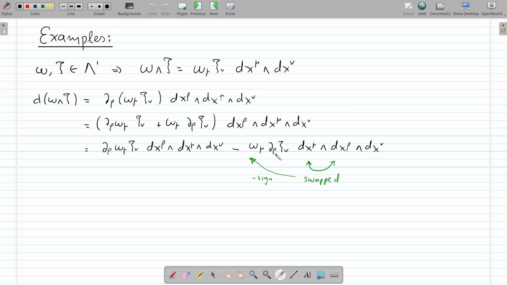So in order to put it in the correct position, we have to swap those two one-forms, and instead of dx rho dx mu, we write dx mu times dx rho, but the penalty is a minus sign.